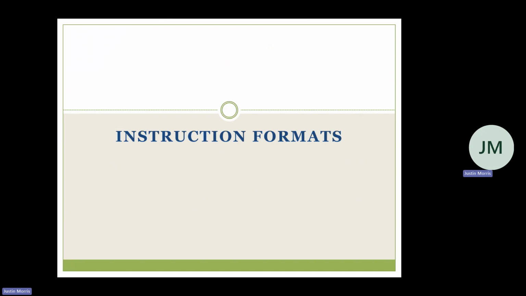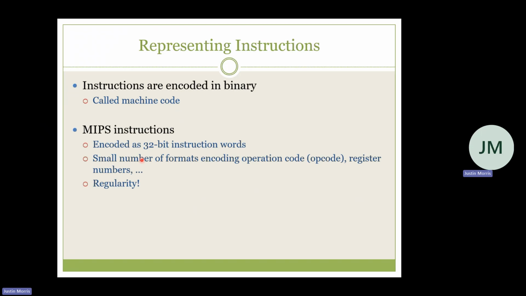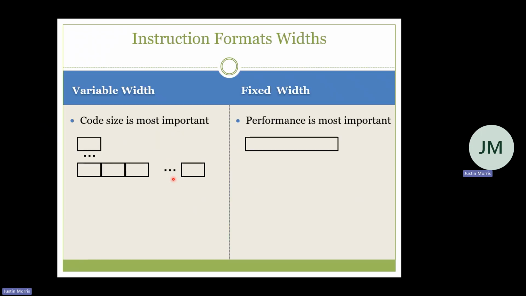All right, so instruction formats. Our instructions are encoded in binary, right? That's the machine code. So we need to figure out what this 32 bits binary code really means in terms of our instructions.